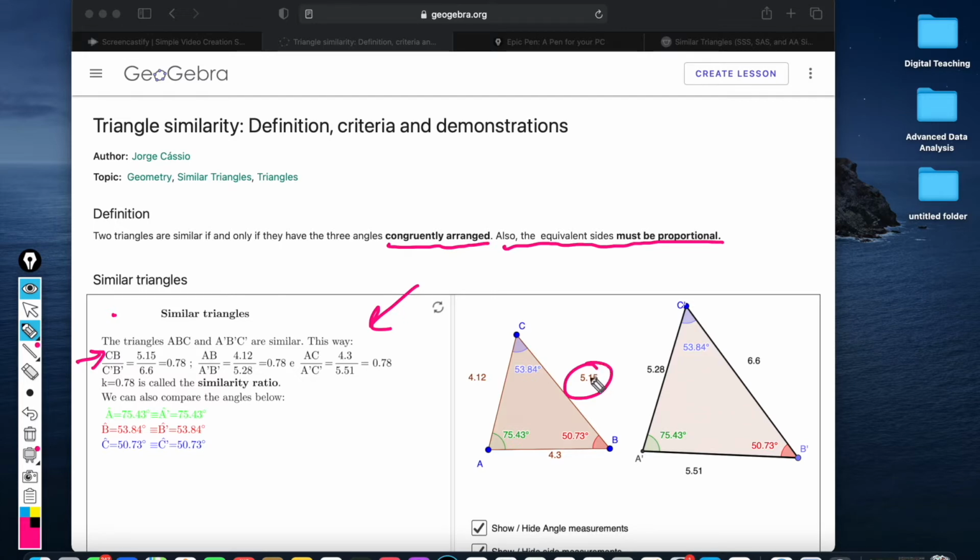The equivalent side on our prime triangle is C prime B prime, and you find out that that is 6.6.